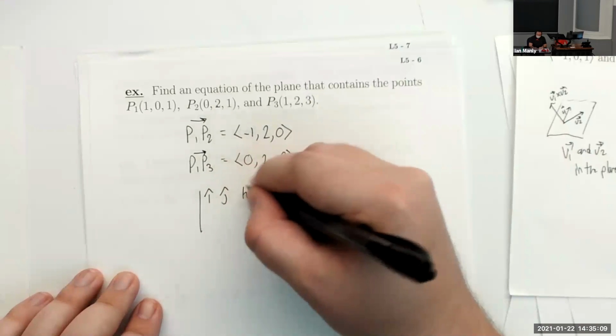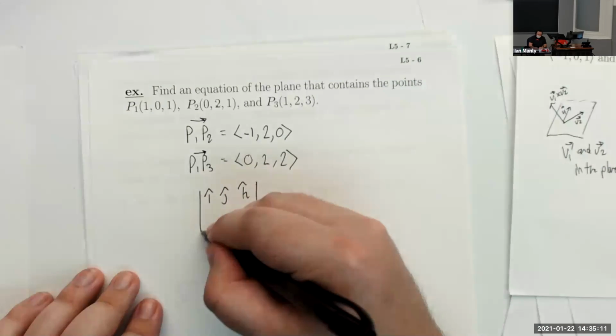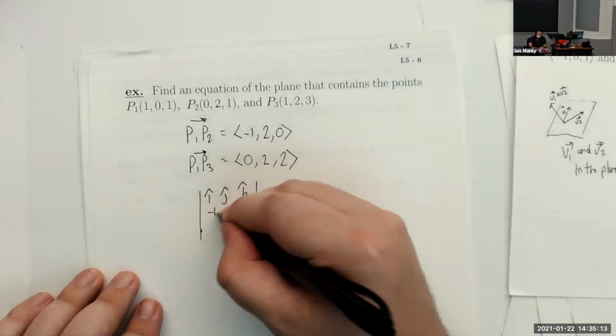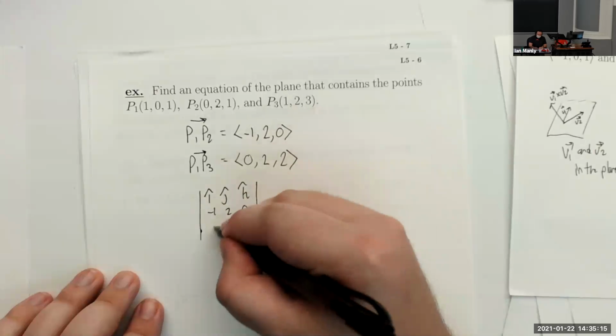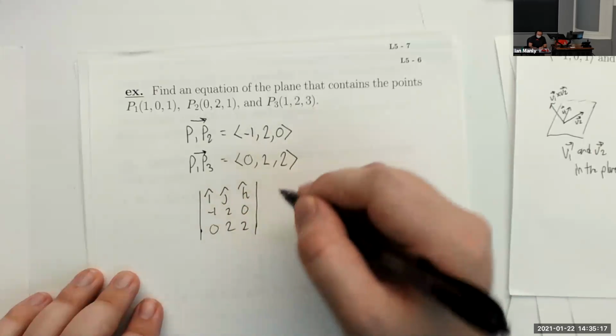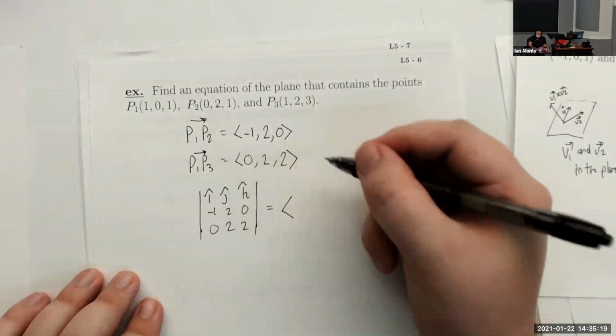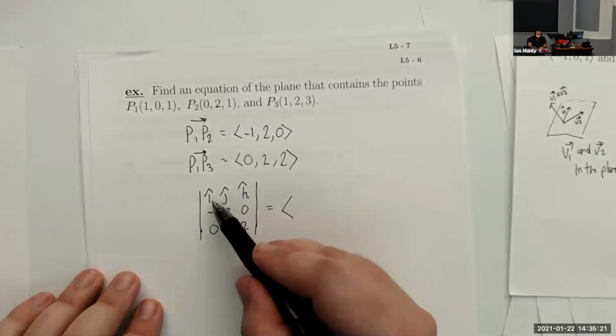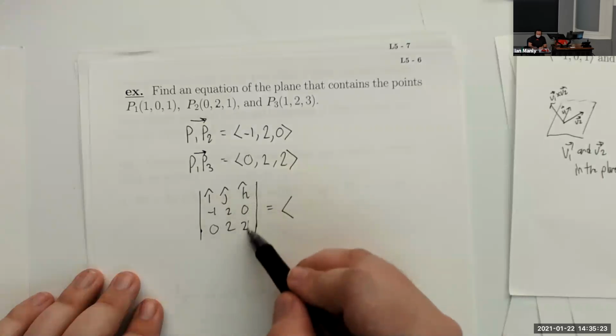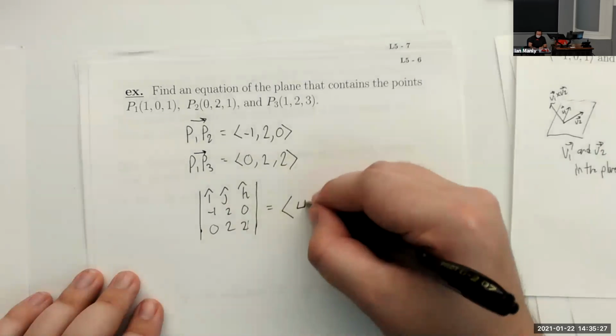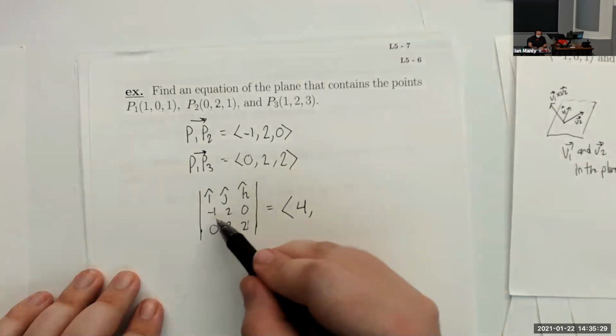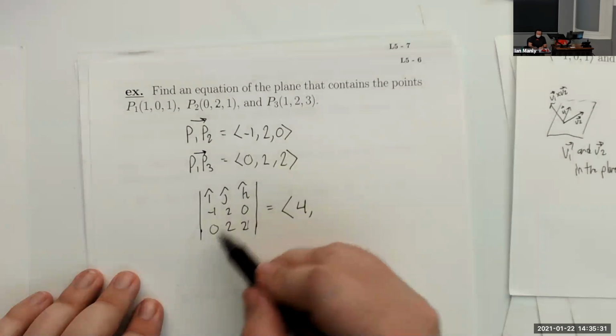I, J, K. All right, we're going to have -1, 2, and 0. 0, 2, and 2. All right, what's going to happen here? So for our I, we're looking at this box. We have 2 times 2 is 4, minus 0, 4. For the j, we're looking at these two columns here.